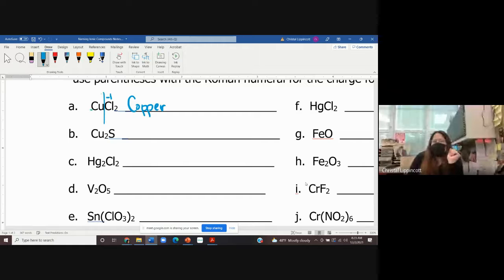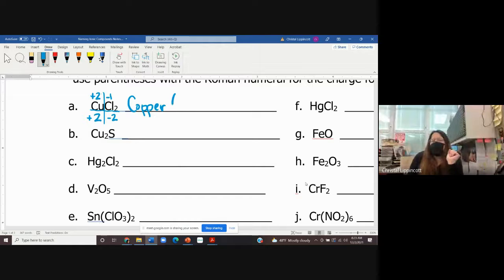So if this is a -1, -1 times 2 is what? -2. To get to 0, this side has to be a +2, and we've only got 1 of them. So 2 divided by 1 makes that a +2.